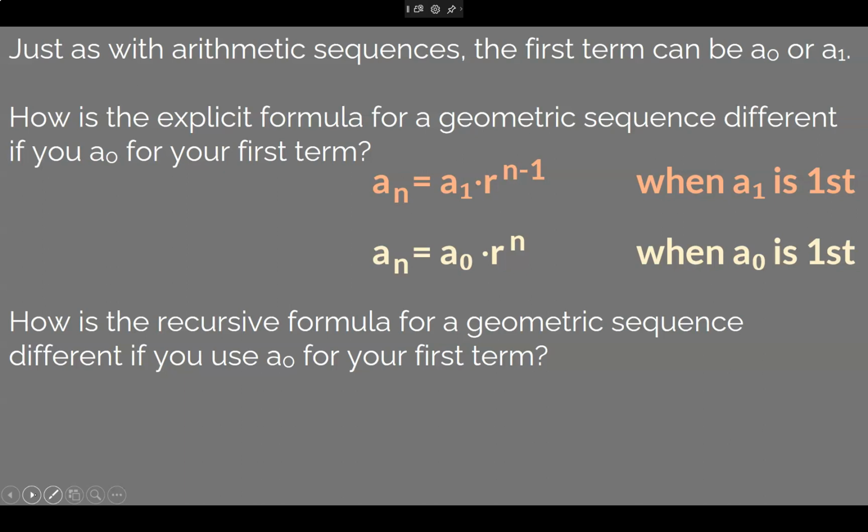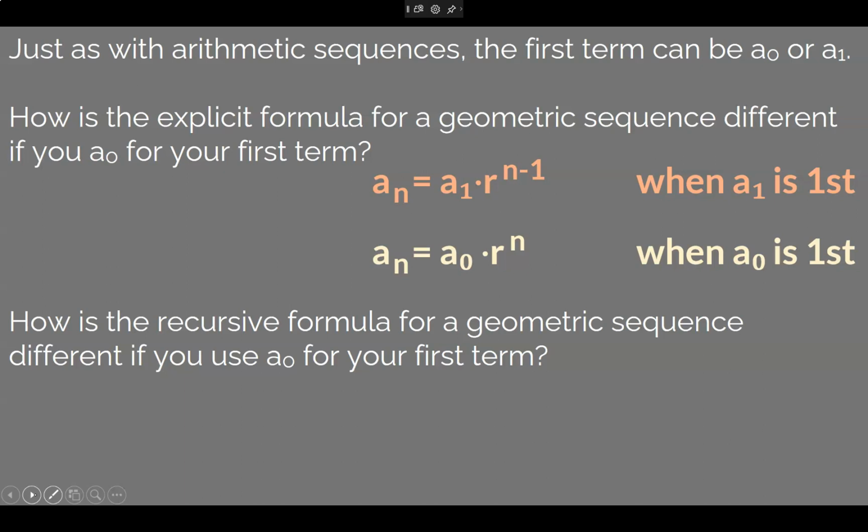If they give me A1 or A0, we can use the rate to find the other piece as well. So if they give me A0, but they ask me to use the equation that uses A1, I can still figure that out. As long as I have one, I can get to the other. Is my recursive formula going to change for geometric because my first term is going to change?